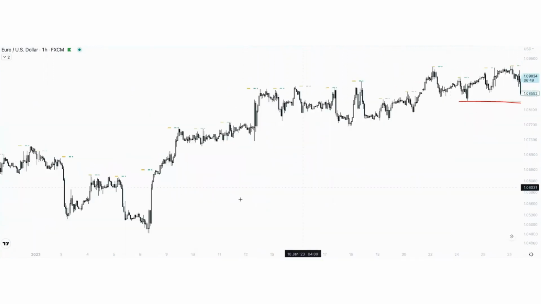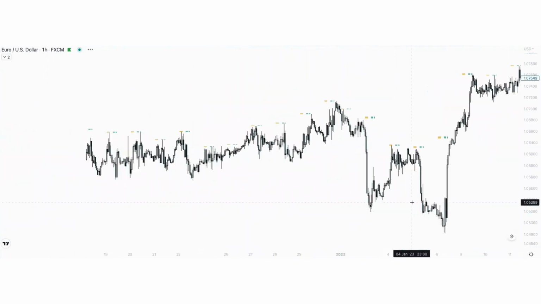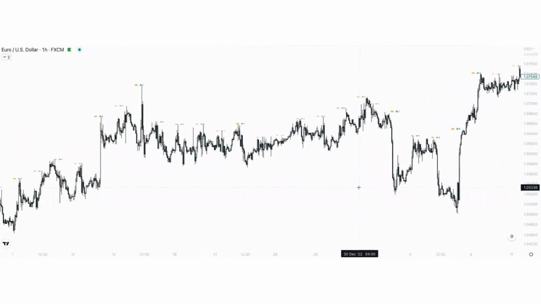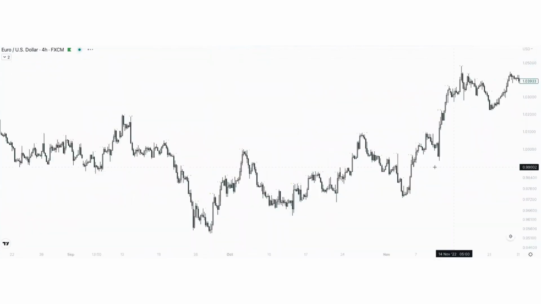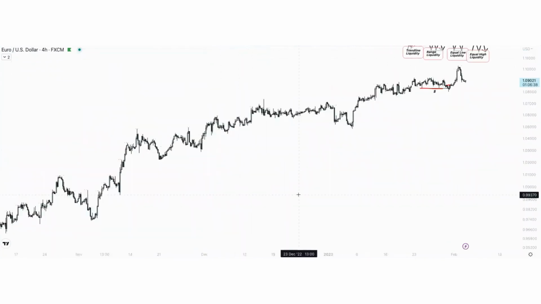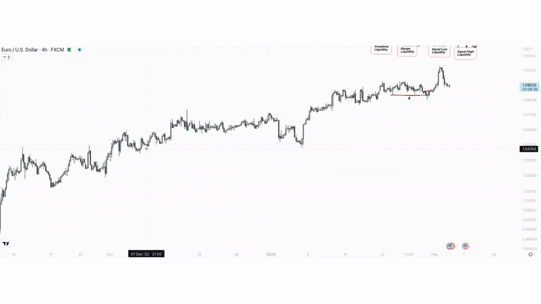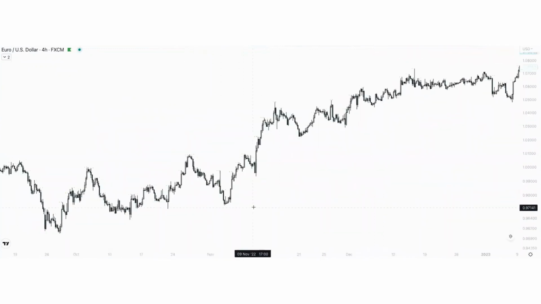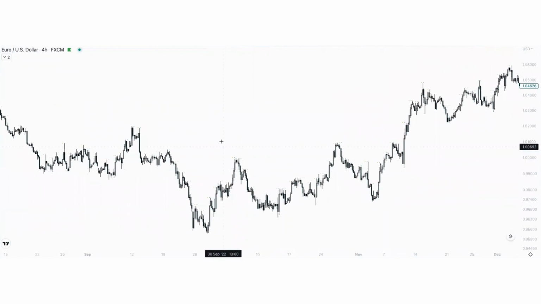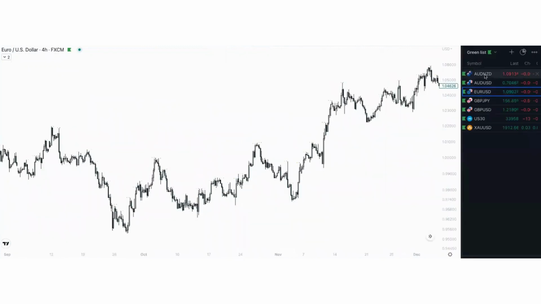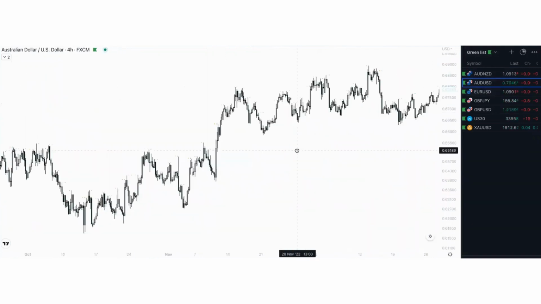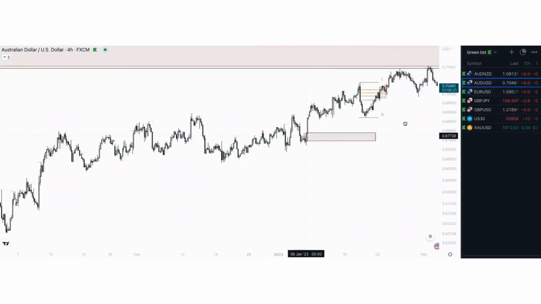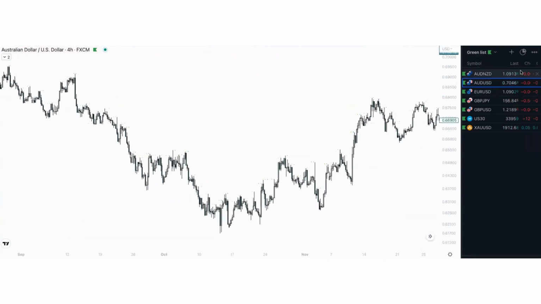So let's see some trend line liquidity right here. Let me just show you how the trend line liquidity works. Let me go to others.